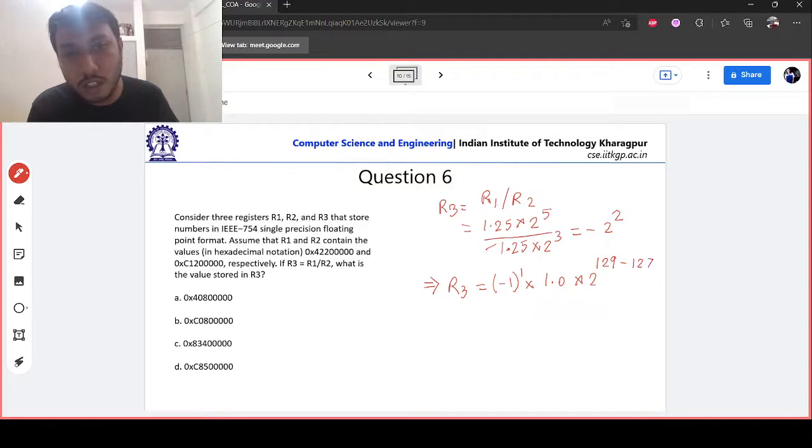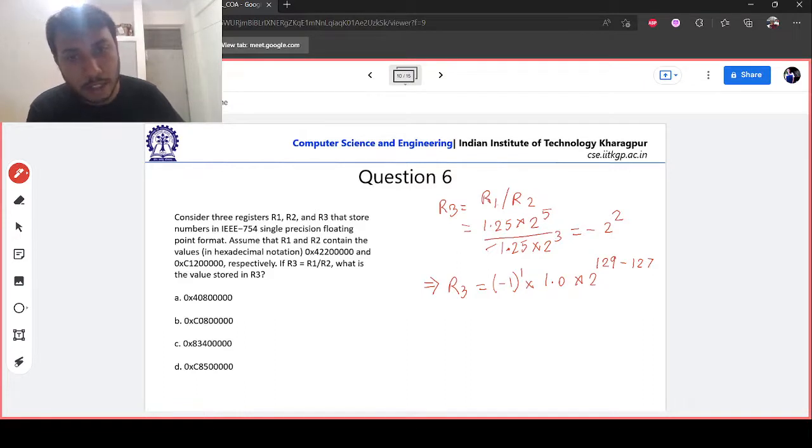Correct? From the previous one, when we solved question number 5, we showed how to convert the decimal 0.25 to this. So this is how you need to reverse engineer it.